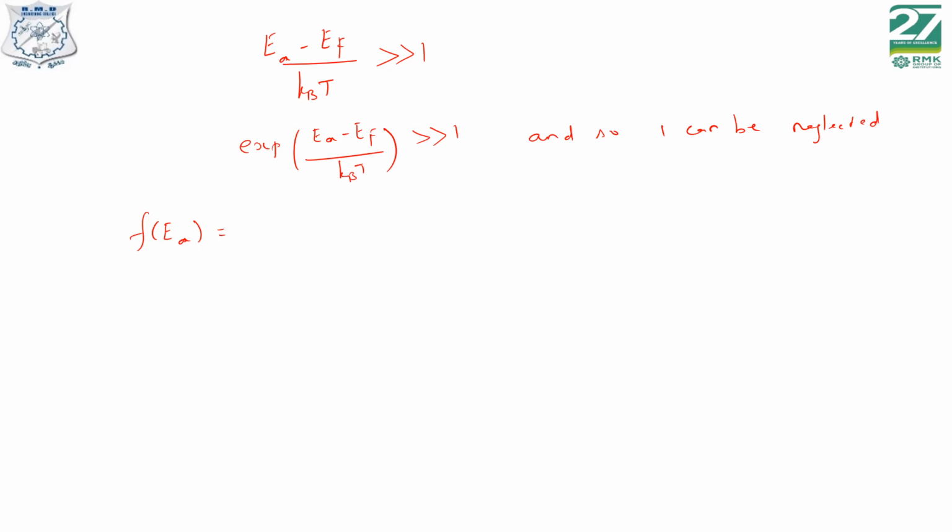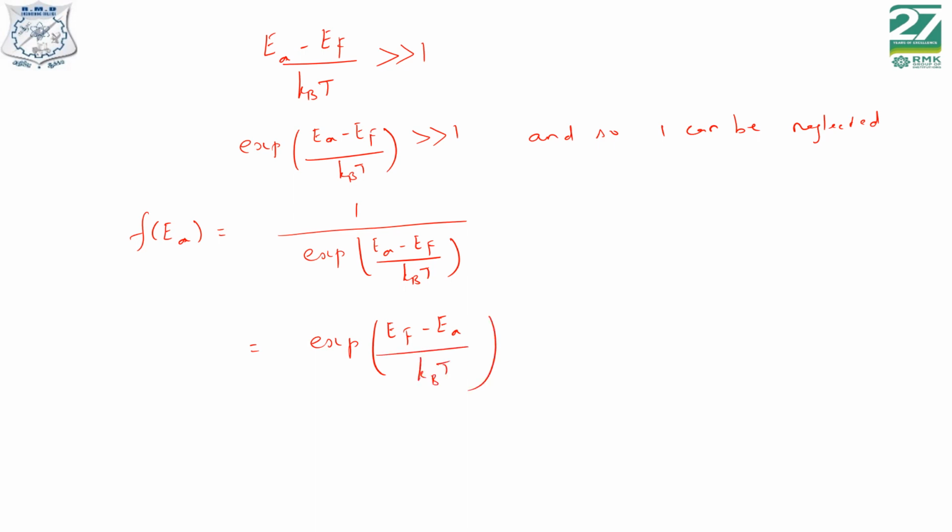It will become 1 divided by exponential EA minus EF by KBT. So I will write this as exponential EF minus EA by KBT. Okay, so this is equation number 5.